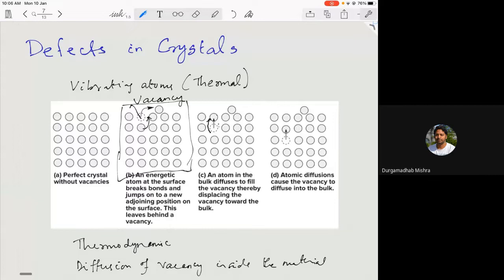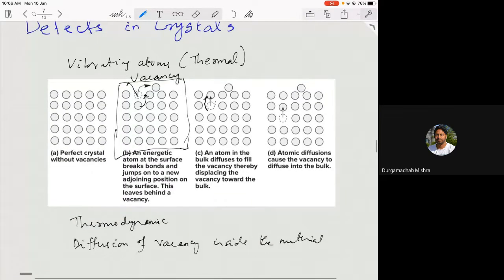It need not move only in the direction shown here, it can move left, right, or down. So basically the atom diffuses, and the term is diffusion of the vacancy into the crystal.